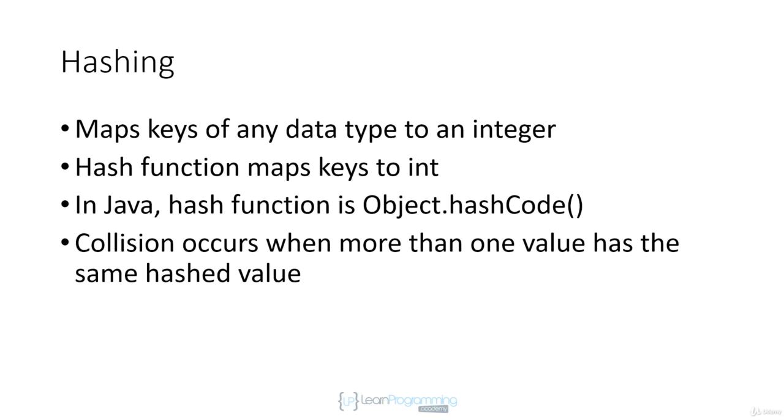Well, if we have more than one employee with the last name Jones, then when we go to add Jane Jones to the hash table, Jones will be hashed to an integer. And if we went to add Mike Jones to the hash table, Jones will be hashed to an integer, and they're going to get the same result. So their hashed key values are going to be the same integer. And when that happens, it's known as a collision. And there are strategies for dealing with collisions, and we'll look at those later on.